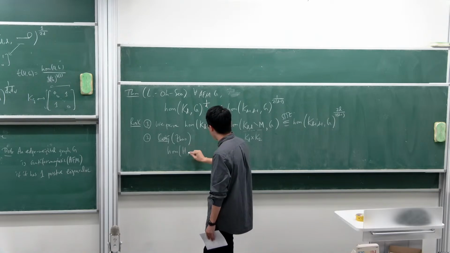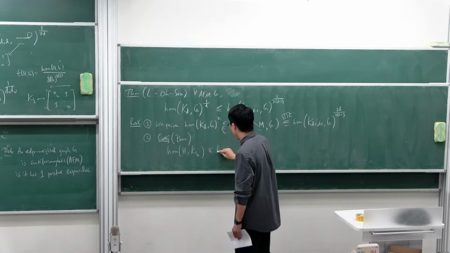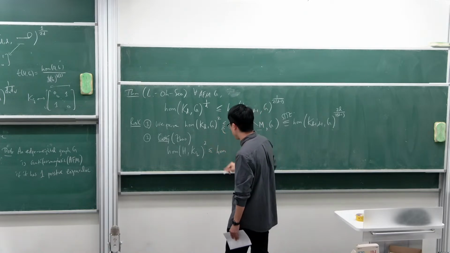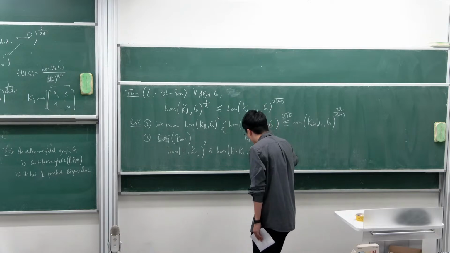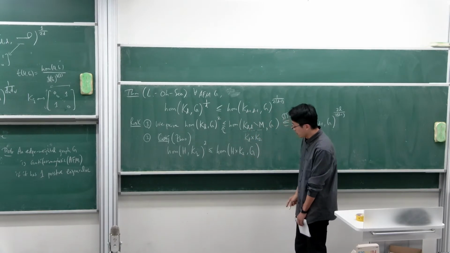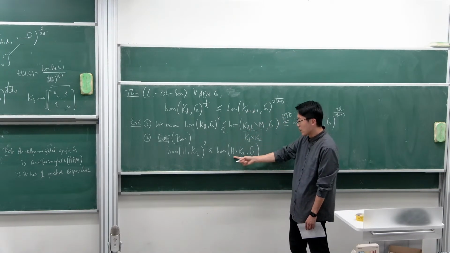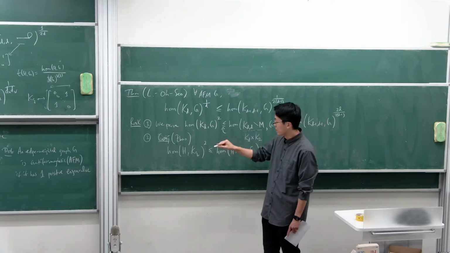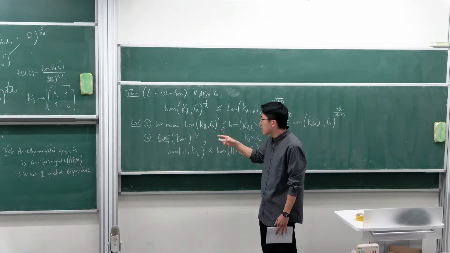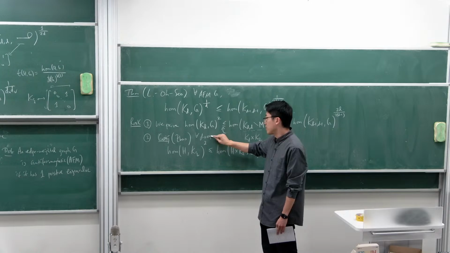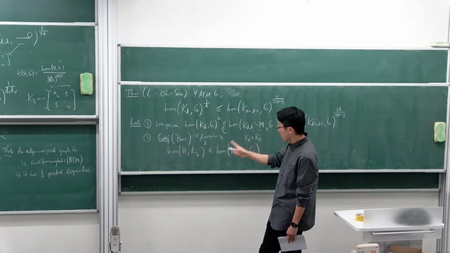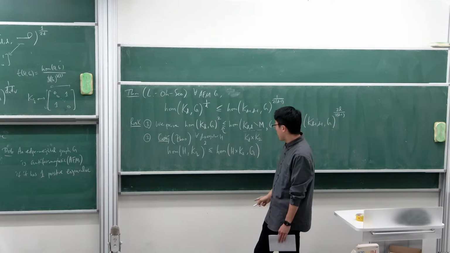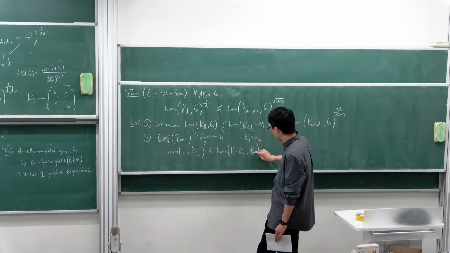So hom(H, K_Q) squared is upper bounded by the double cover, or the tensor product, with an edge of H. This is a conjecture for basically any H, but you can say a d-regular H or something. But he conjectured that this works for any H. Sorry, this should be K_Q.